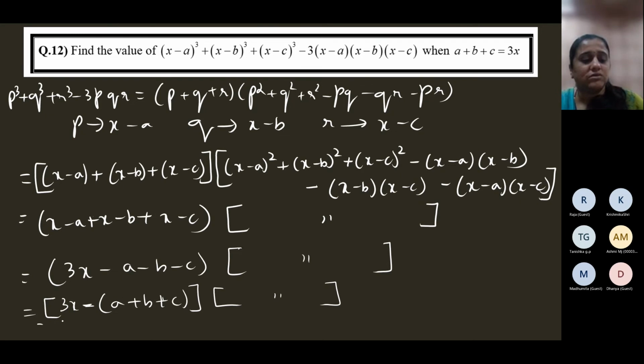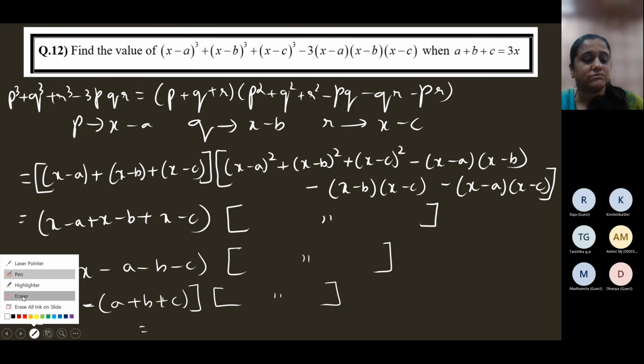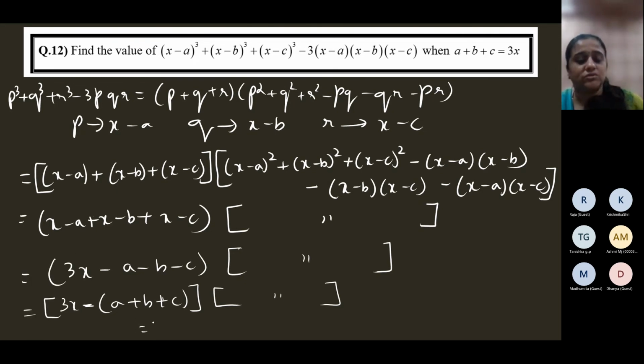So that's equal to 3x minus 3x, because a plus b plus c is 3x, into the second bracket. So 3x minus 3x is 0, and 0 into the second bracket is 0. So the value of the given expression is 0. So in that substitution, you can do anything. Instead of 3x, you can write a plus b plus c, or instead of a plus b plus c, you can write 3x. So you can decide which one to do.